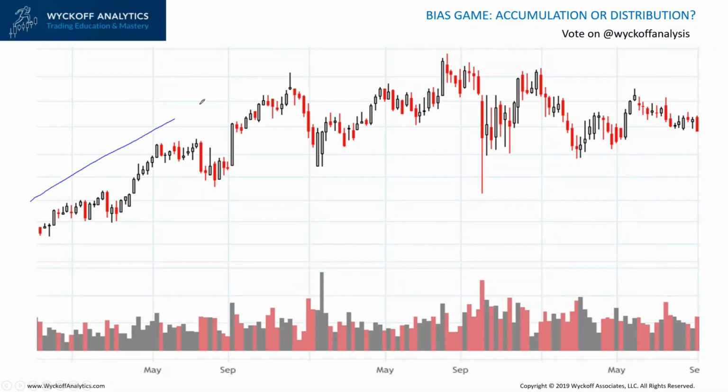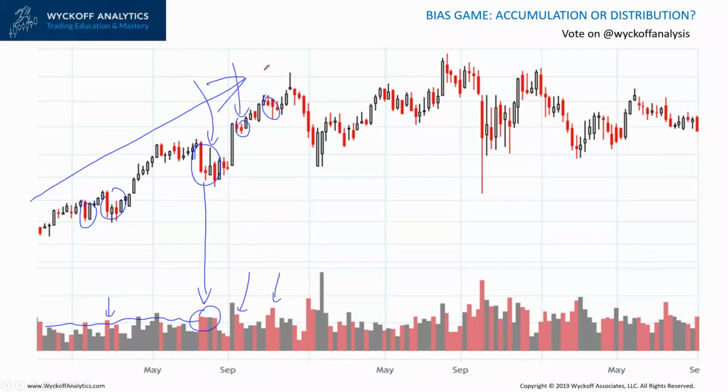So we are going into the trading range from the uptrend. It looks like demand is very stable, supply is occasional. There are not a lot of big reactions happening on the way up. This was the largest, and we are anticipating that with this supply maybe soon we're going to have more supply. As the price goes higher, supply indeed is increasing, and we know that somebody is selling into the strength of the trend.